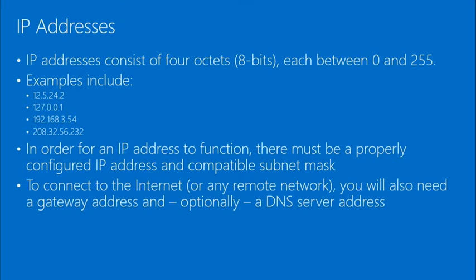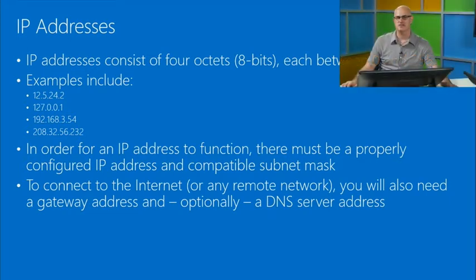At what layer? The networking layer. And that would be layer 3 of the OSI model. Awesome. So examples include 125.5.24.2, 192.168.354. So these are just some examples of some different addresses.